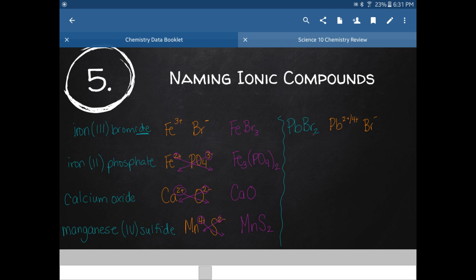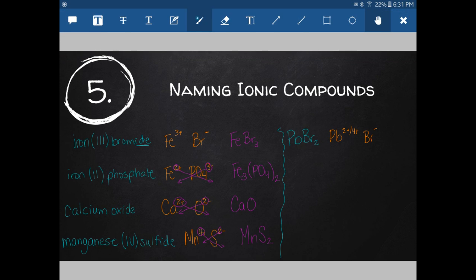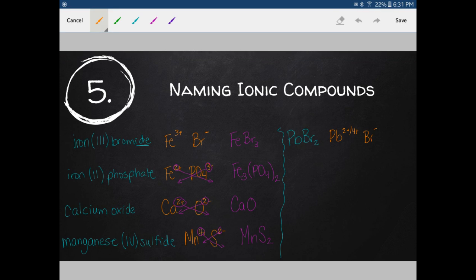Now, because I needed 2 bromines for every 1 lead that I had, I know that I was given a charge on my lead of lead 2 positive, because I needed 2 bromines to cancel out those 2 positive charges. So I would go in reverse and call this lead, and in Roman numerals, I'd identify which charge I used.